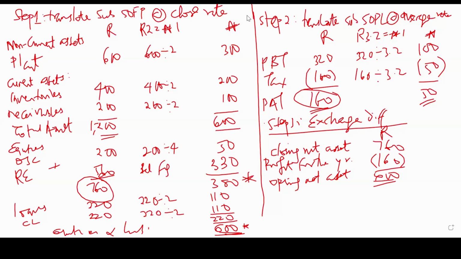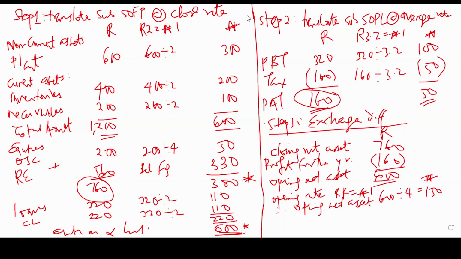So the rate as of that day, or you can call it the opening rate, which is the closing rate of the previous period, was 4 rand equals to 1 naira. Therefore, the opening net assets in naira would have been 600 divided by 4, and that should be 150 naira.